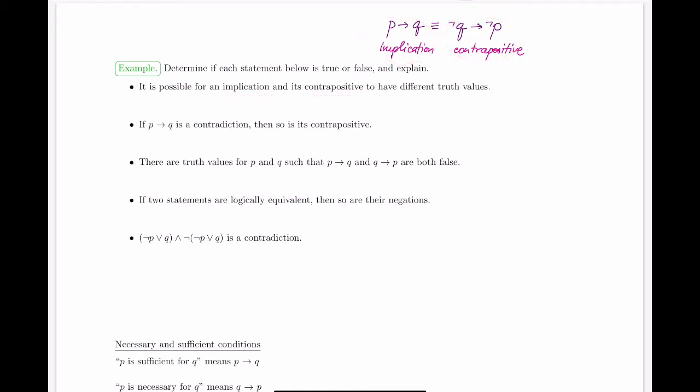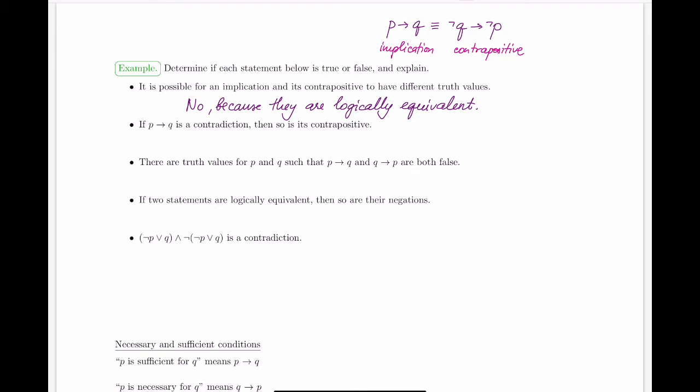Is it possible that these two have different truth values? Well, they are logically equivalent, which by definition means that within the truth table, the columns that correspond to each one are identical. So no, that is not possible because they are logically equivalent.